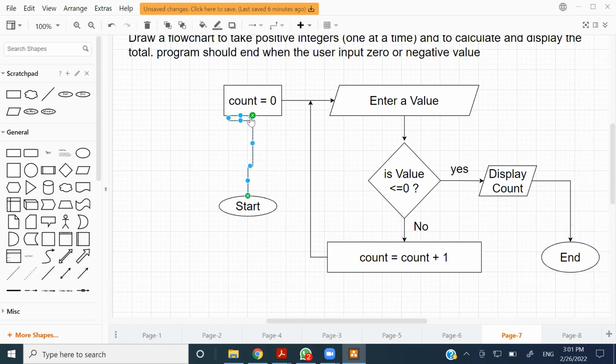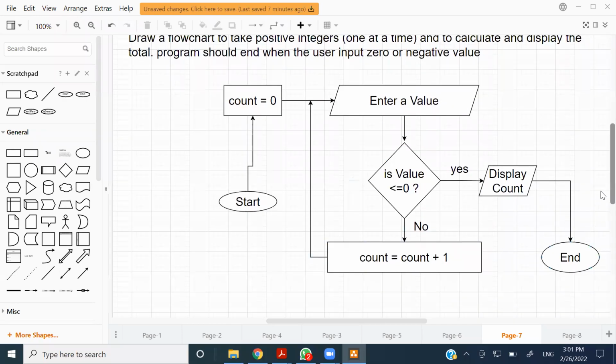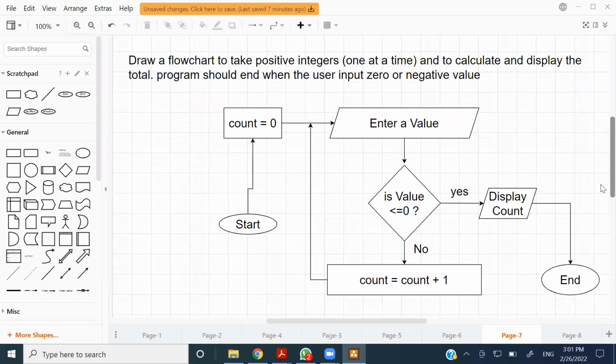Okay, people, is that clear? How we deal with the count? This shows you how we are going to count the number of variables that is being input.